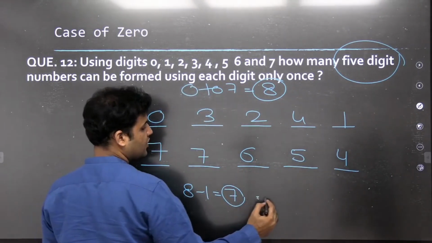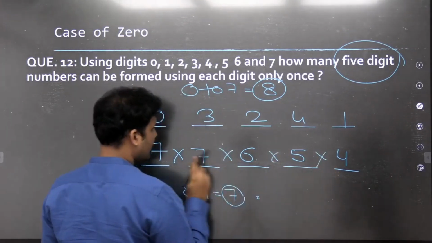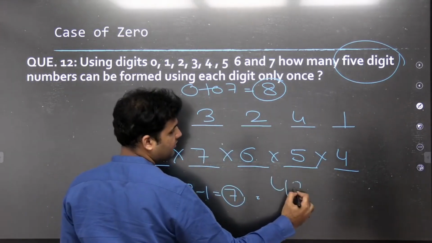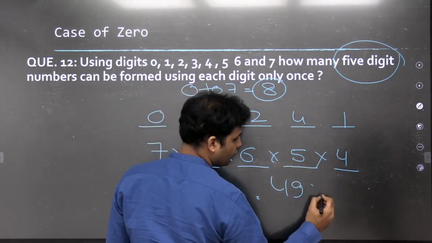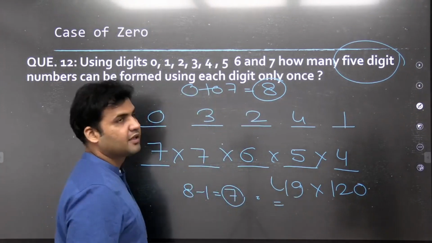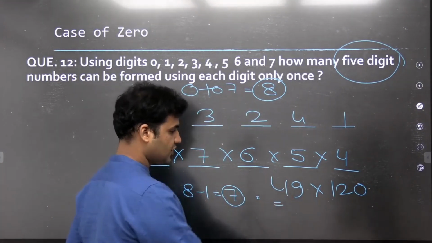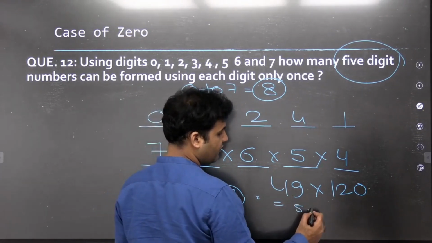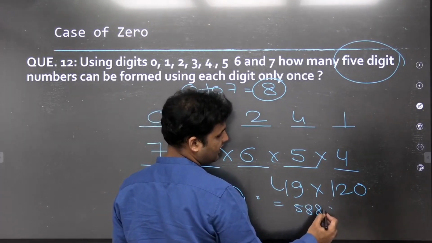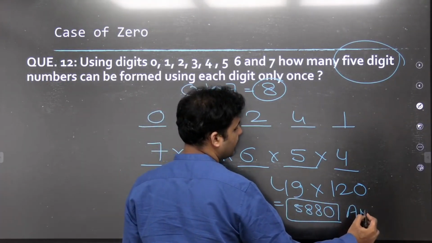So the answer to the question will be 7 into 7 into 6 into 5 into 4. 7 into 7 is 49. 6 into 5, 30. 30 into 4 is 120. 12 into 50 is 600 minus 12, because it's 49 over here. It will be 588, and we'll have to place 0 over here. So this is going to be the answer of the question, right?